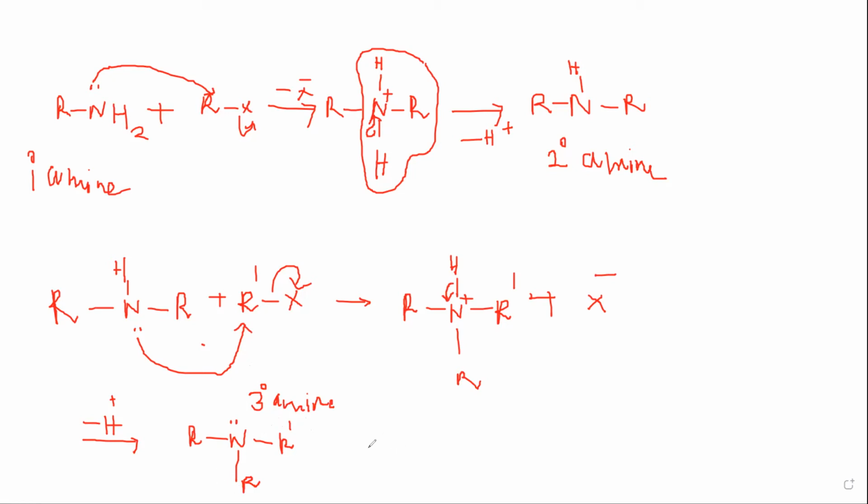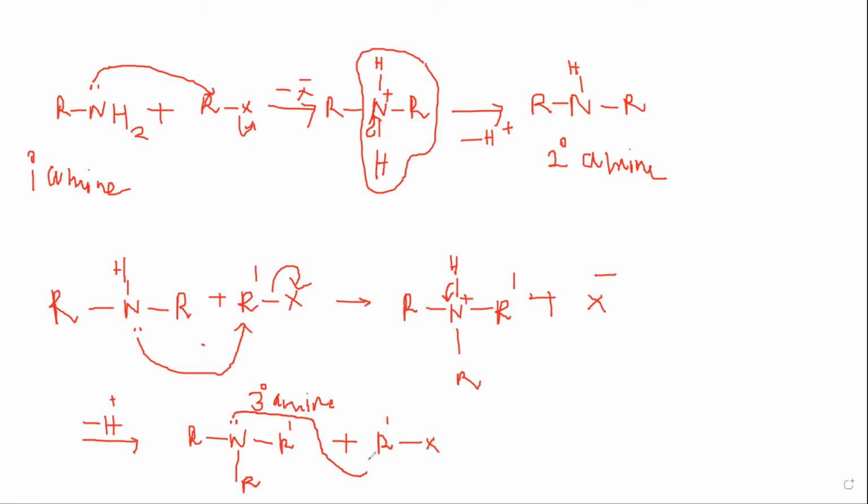Still, this tertiary amine can attack another molecule of RX. If you want, you can take the same alkyl halide, so that the alkyl part of the amine and of the halide are the same, but it is easier to understand with two different groups. So in the last step, this tertiary amine will attack another molecule of alkyl halide, RX.